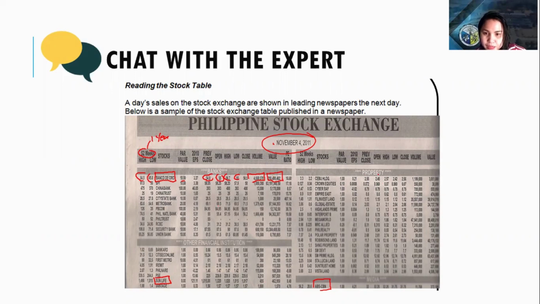For example, Cebu Holdings, 2.57. Philinvest, 1.15. But if you check others, like Banco de Oro, that's 55 pesos. We even have PBCom at 84 pesos, and even Union Bank at 61.50. So the price in the stock market changes from time to time.